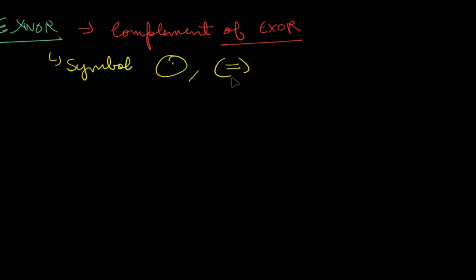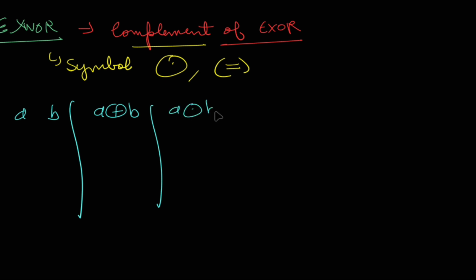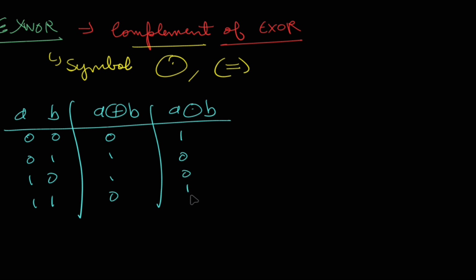So this is another operation. Now tell me what will be XOR and what will be XNOR. 0 0 0 1 1 0 1 1. XOR will be 1 when both are different, otherwise 0. The complement will be 1 0 0 1. This is your XNOR.